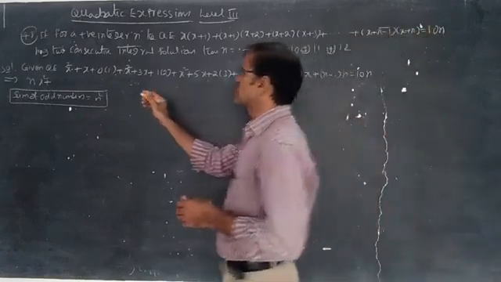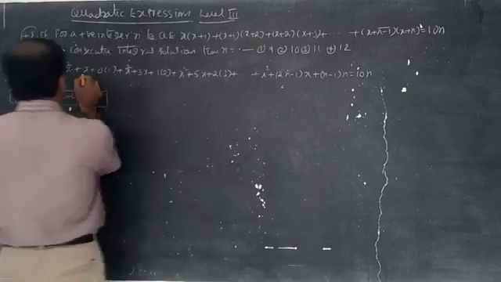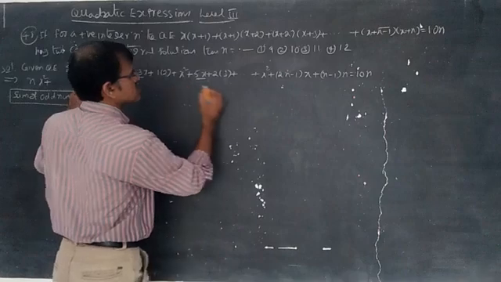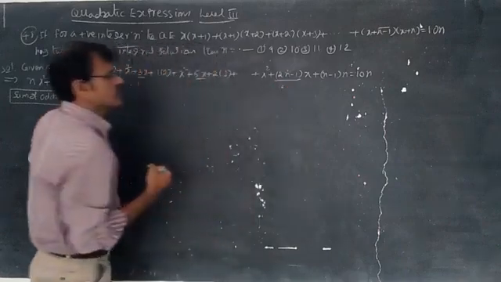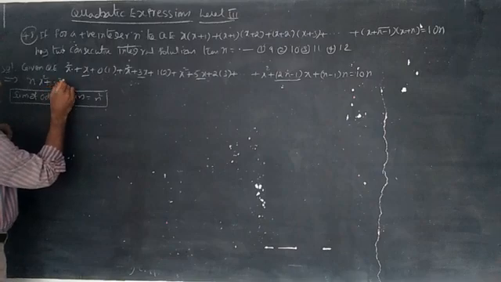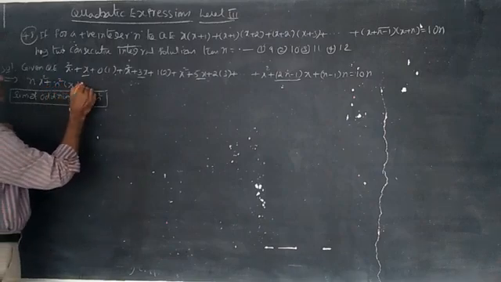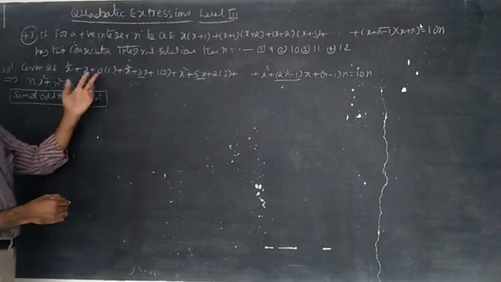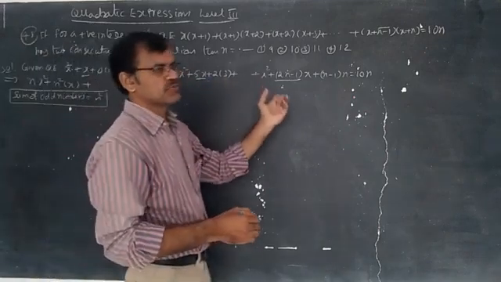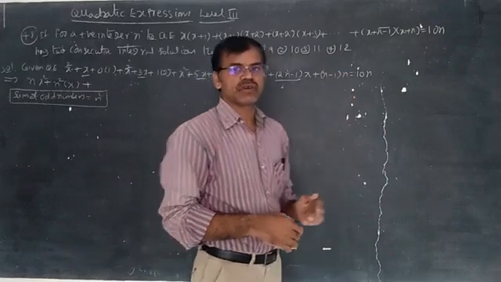So for the x terms, 1x, 3x, 5x, until 2n minus 1 times x, the total is n square. So you write n square x. And the next part: 0 into 1 plus 1 into 2 plus 2 into 3 plus 3 into 4 and so on up to (n minus 1) into n.